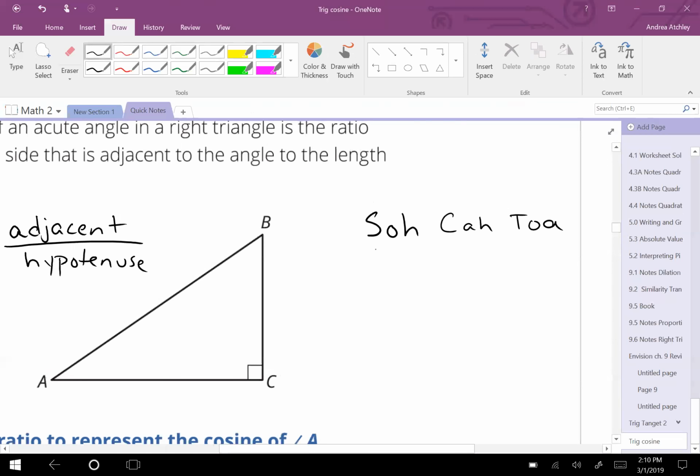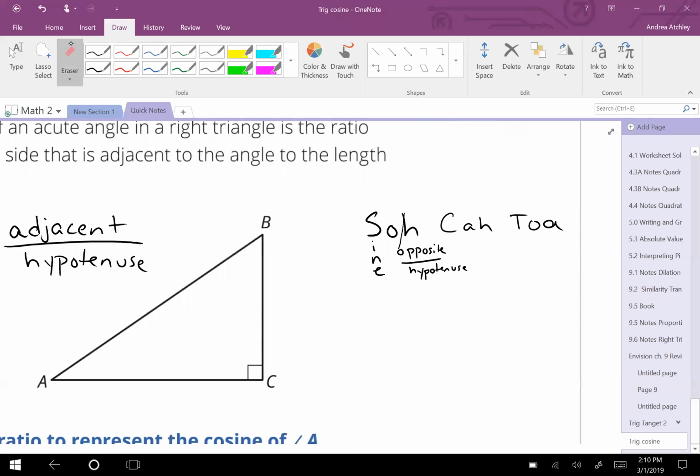So the first one is SOH, which is sine. And it's opposite over hypotenuse. That's the O and the H. Opposite over hypotenuse. Okay, and you can maybe put a little slash there to help you remember that it's a fraction, opposite over hypotenuse.